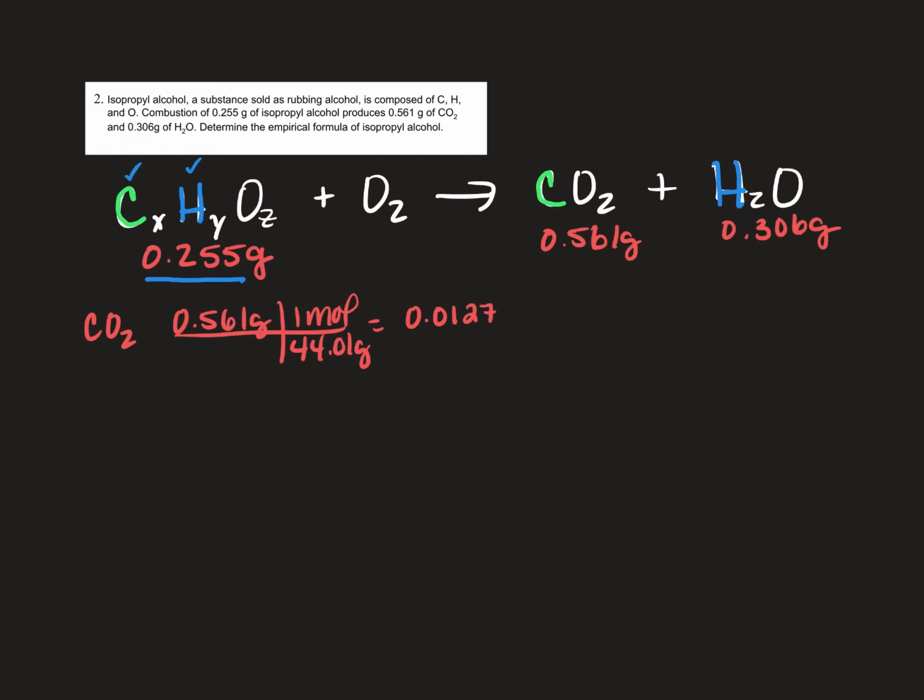0.01275 moles of CO2. And I know that for every 1 mole of CO2, there's 1 mole of carbon atoms, which gives me 0.01275 moles. Okay, I'm going to need this number, but what I also need to do is figure out how many grams that is.